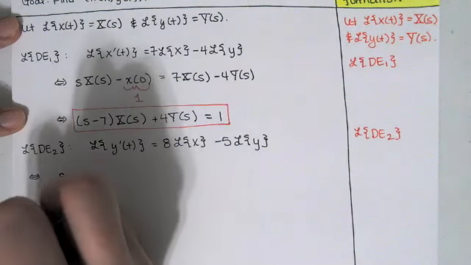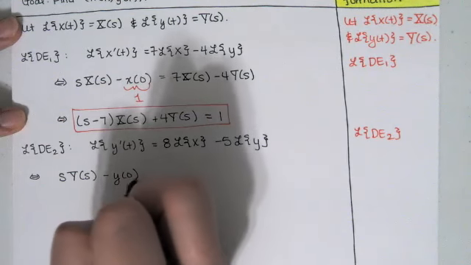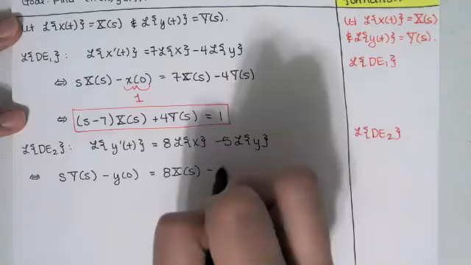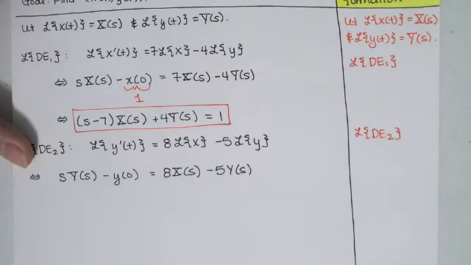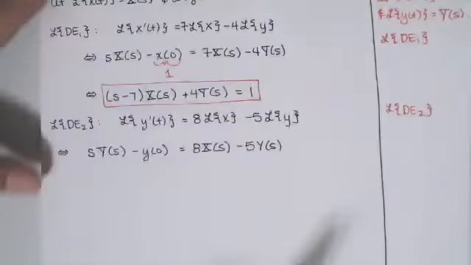And that's equal to s to the first times big Y of s minus little y at 0. And that equals 8 times big X of s minus 5 times big Y of s. And then I will use my initial condition to rewrite this. Y of 0 is 3.